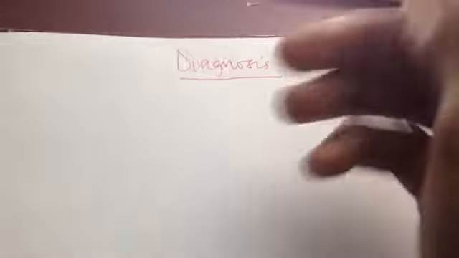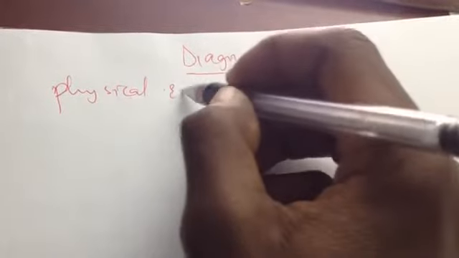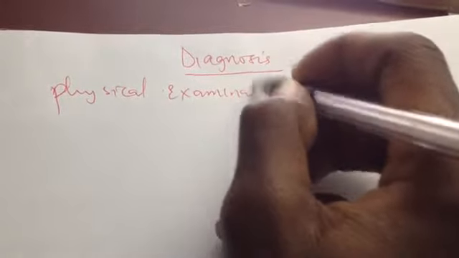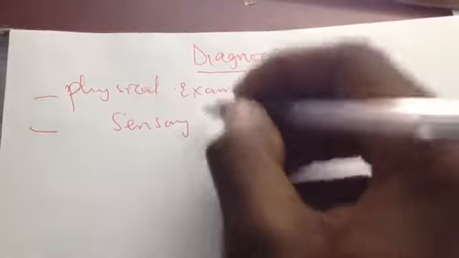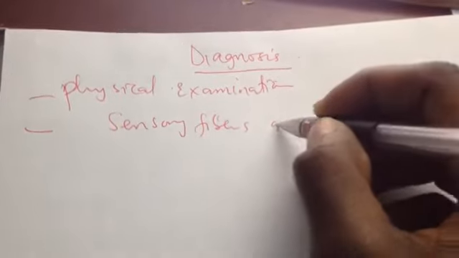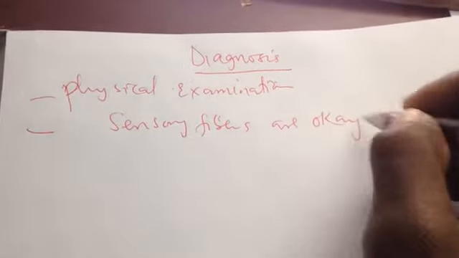Based on symptoms and signs of the patient, we will be suspecting ALS, actually. For us to confirm ALS, we have to do a physical neurological examination, right? In ALS, we have to really know that sensory fibers are okay, no problem with them.